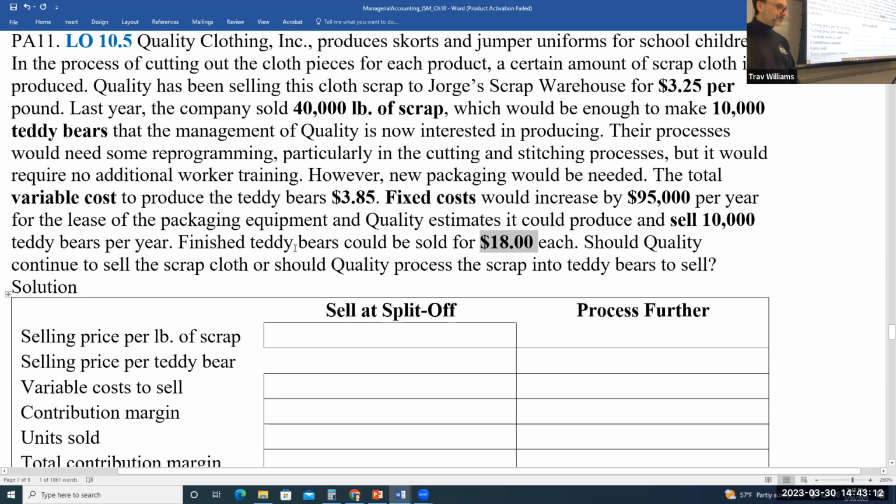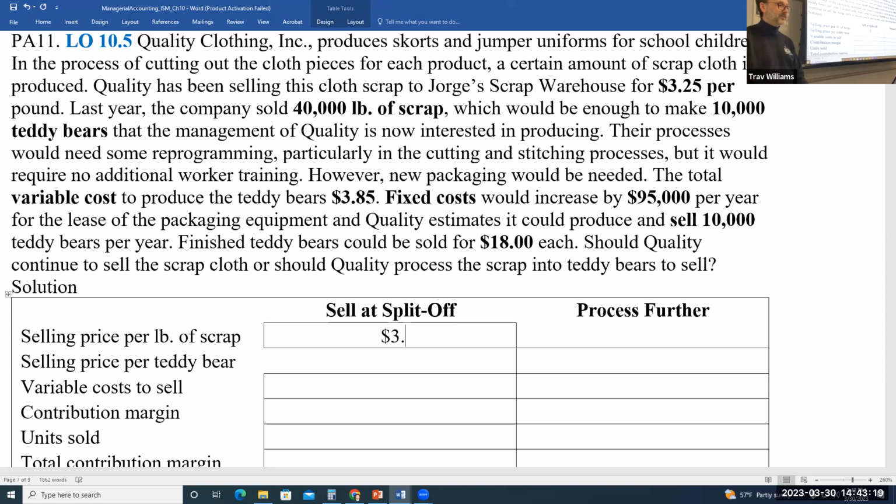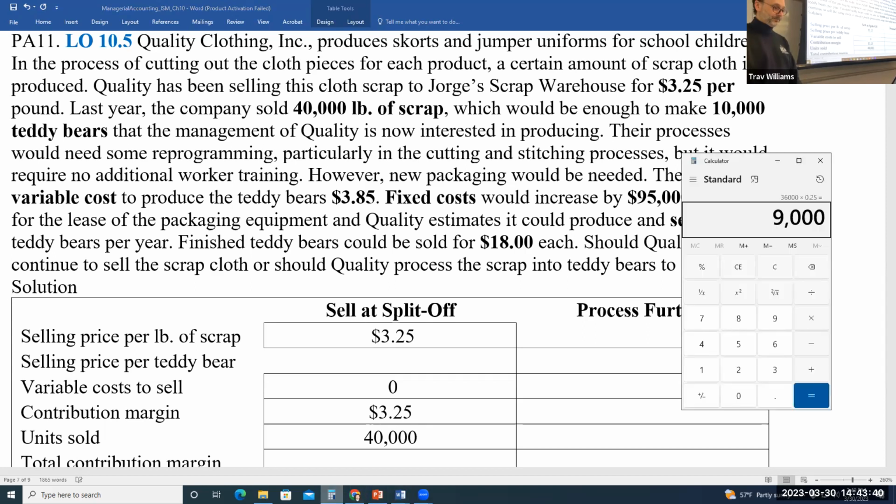Okay. Well, let's fill in the information. The selling price per pound of scrap was $3.25. And there is no cost to us to sell the scrap. That means we have a $3.25 contribution margin per pound of scrap. We can sell 40,000 pounds, so we could simply multiply, right?